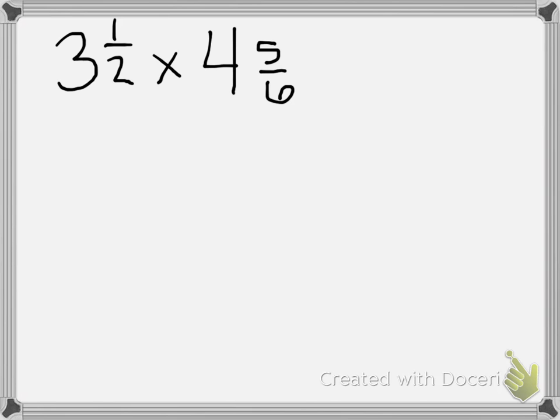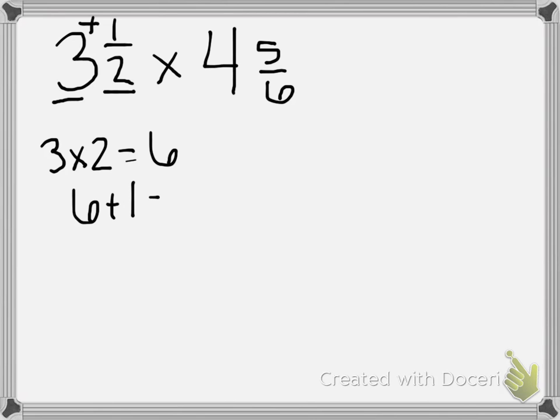If you haven't watched the improper fraction video, I suggest you go back and do this now. To change a mixed number to an improper fraction, I multiply the whole number times the denominator and then add the numerator. So I have 3 times 2 equals 6. 6 plus 1 equals 7, and I keep my same denominator, so I have 7/2.